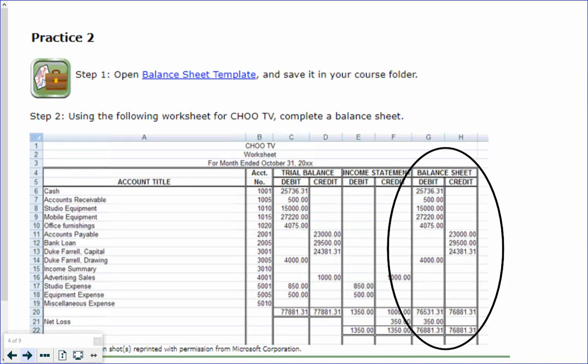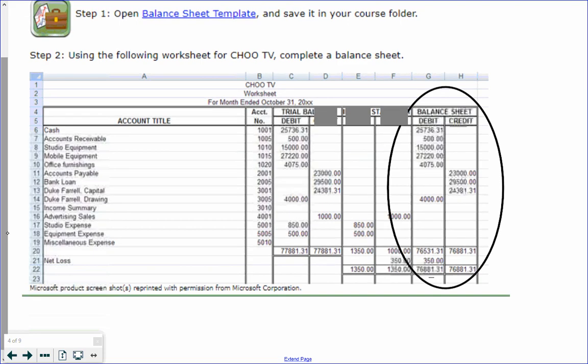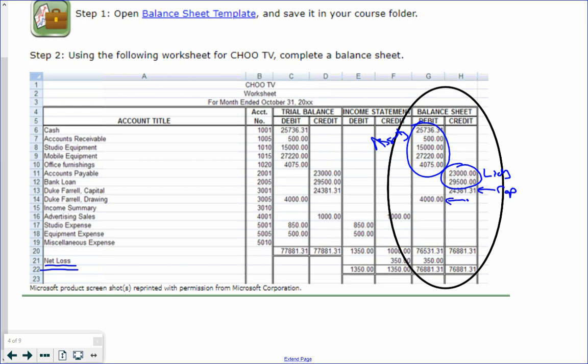So just to show you again, this is another one here, but this time we're dealing with a net loss. Okay? So here is your assets. Here's your liabilities. This is your capital. This is your drawings. This is your net loss.